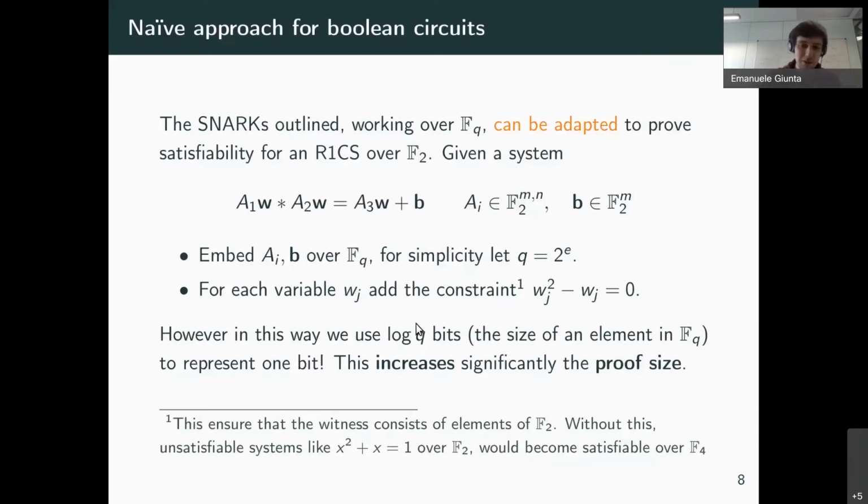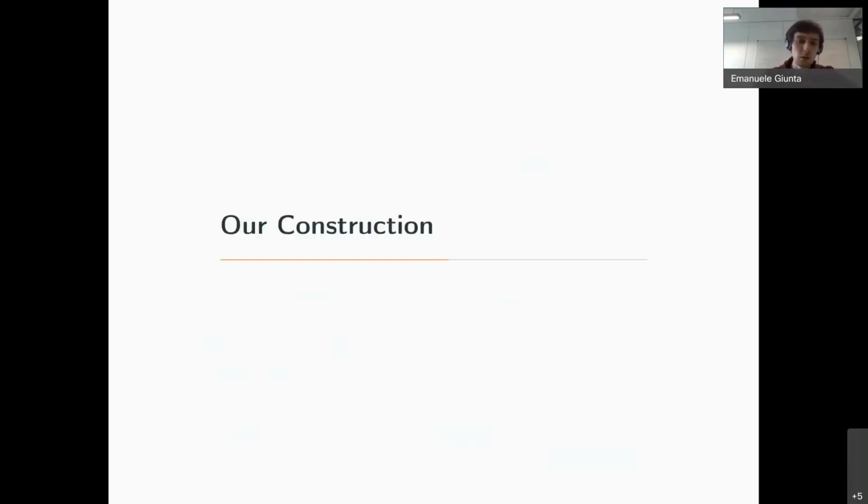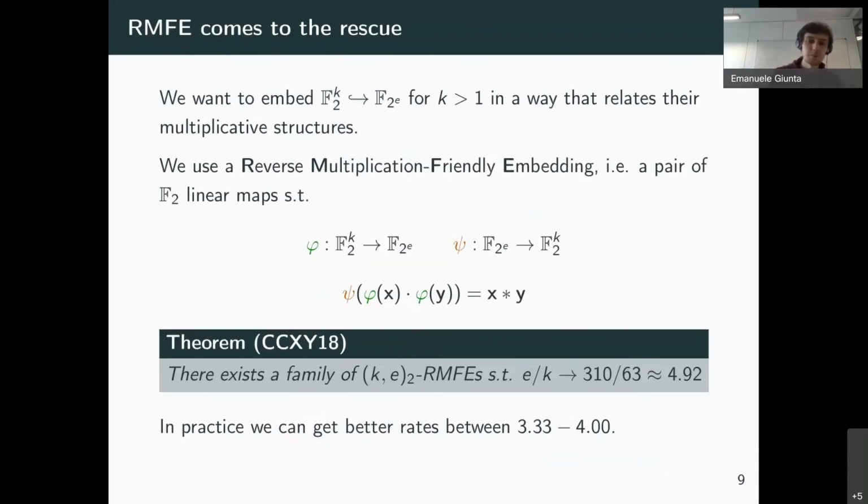So we expect a significant overhead in our final construction using these kinds of embeddings. So what we can do is find better embeddings to overcome this issue of embedding F2 directly into the larger field.